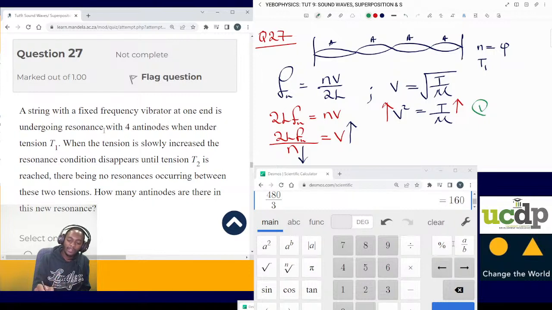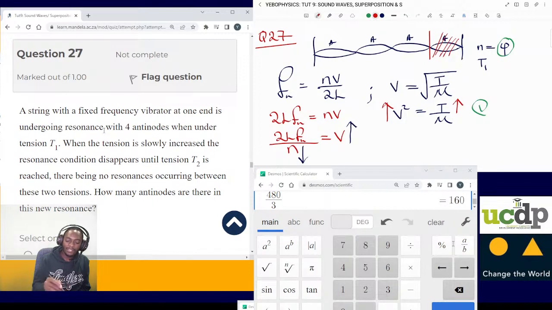So we were at 4 antinodes, and we are told that from T1 to T2 there is no other resonance. The resonance will occur when we reach the next pattern, which means we're going to be reducing. This will die out, will die out, until our pattern has 3 antinodes.